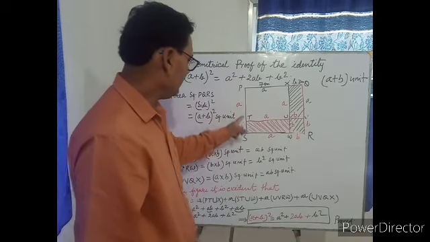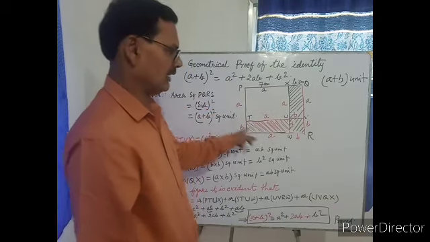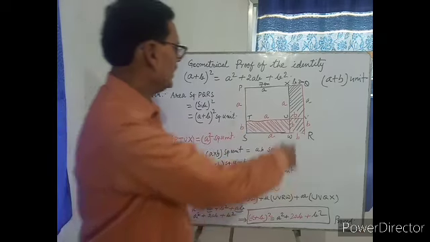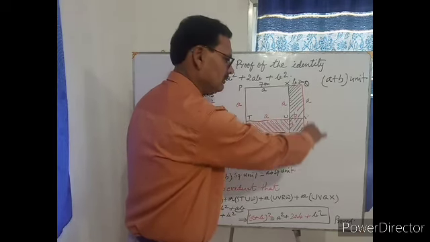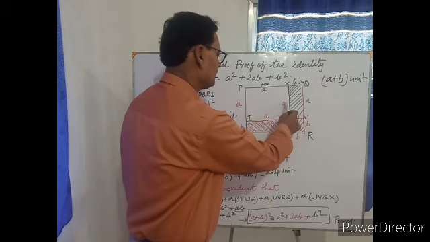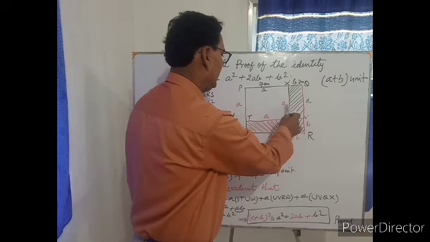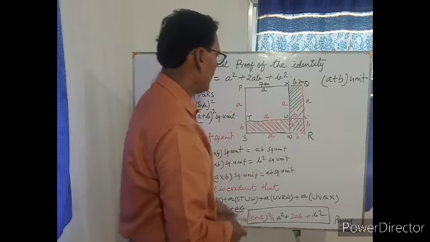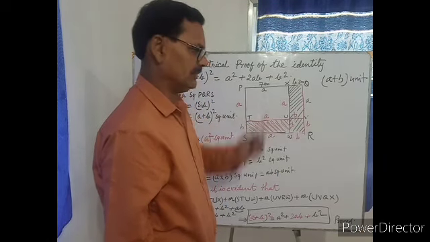Therefore, PTUX is a square. Similarly, this line is parallel to this line, and this is a unit. This is also a unit because this is a rectangle. This a is equal to this a, and this b is equal to this b.